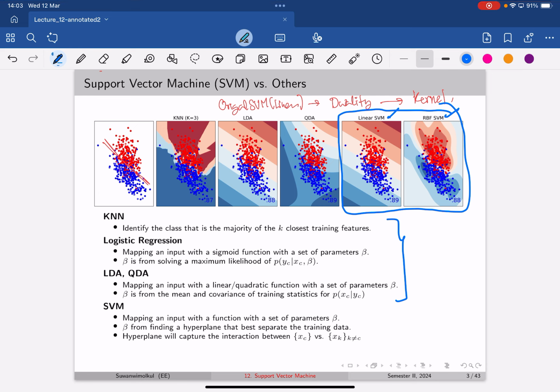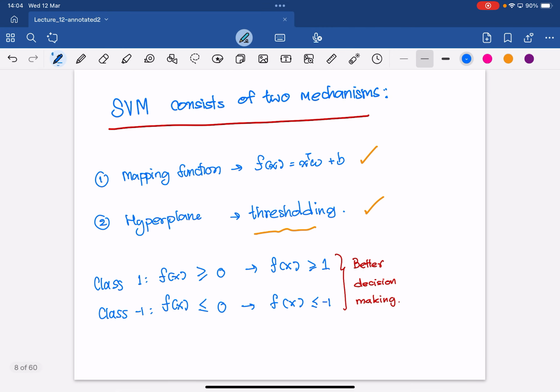before that, I would like to give you a bit of a heads up that SVM consists of two mechanisms. You can find this in the slide that I just updated recently. I actually provided some handnotes. The first mechanism is a mapping function.